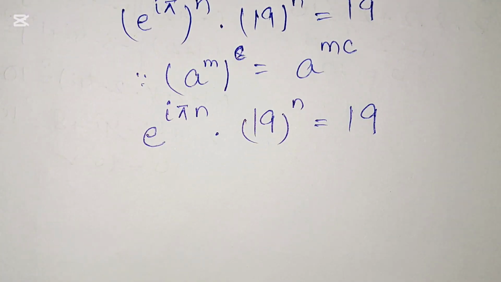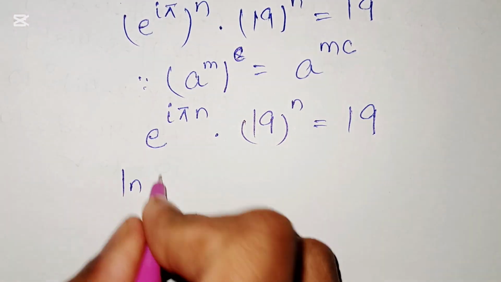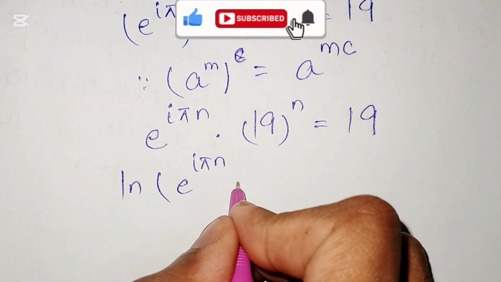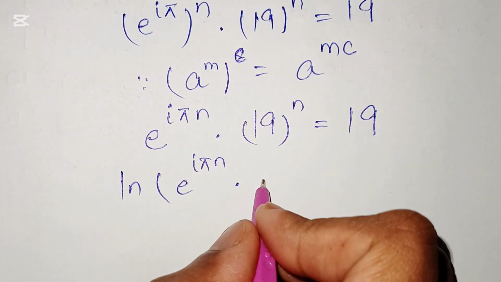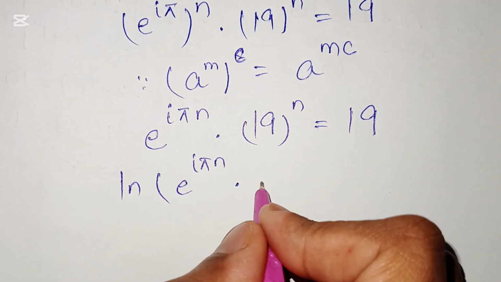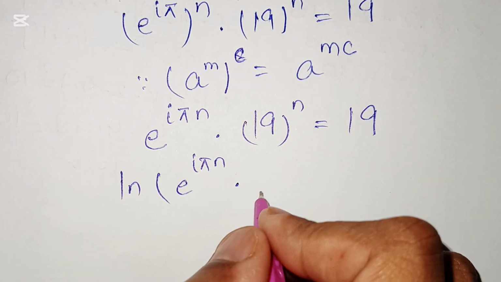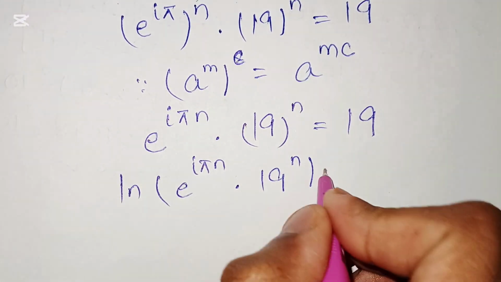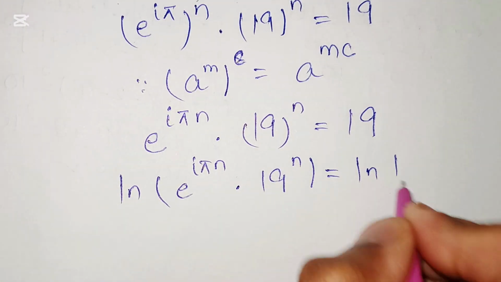Now we will take natural log on both sides. ln of e power i pi n times 19 power n is equal to ln of 19.